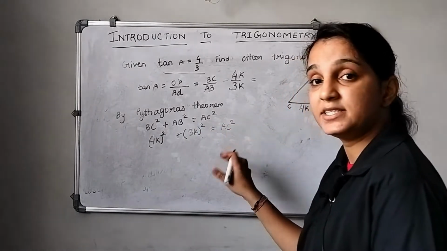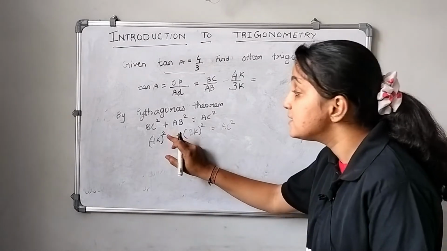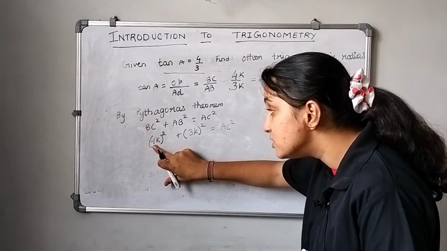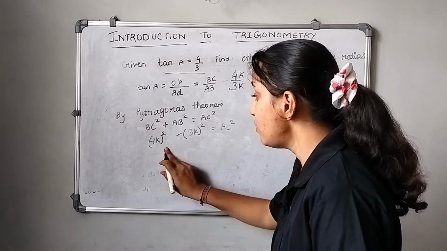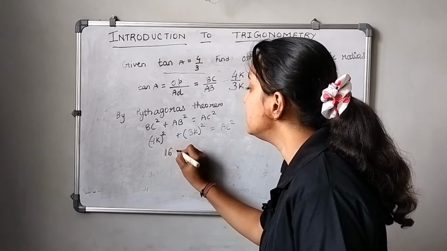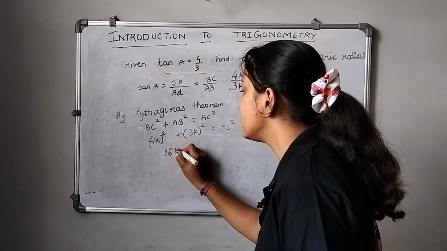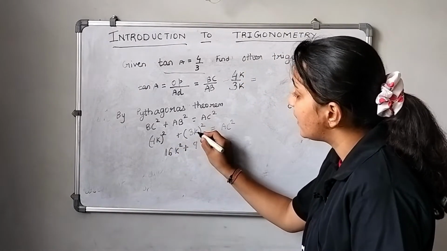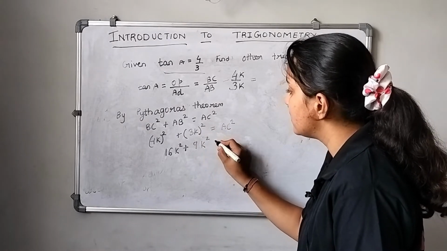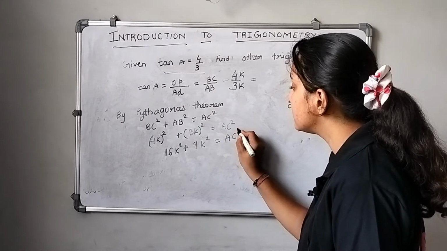So, we will write AC square as it is. Now, this square is applicable to this 4 also and this K also. So, 4 square is 16 and K square is K square, plus 3 square is 9 and K square is K square, equal to AC square.